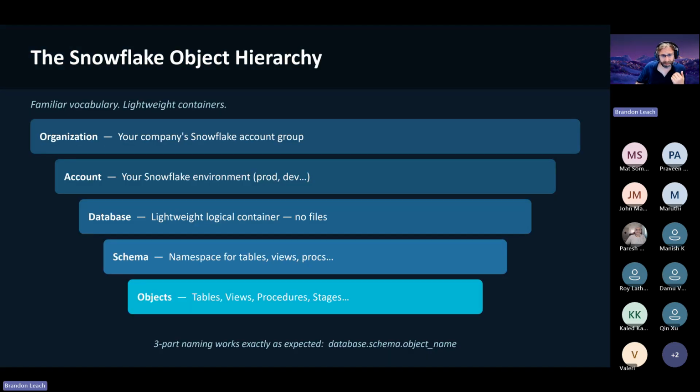Now, a lot of vocabulary is similar. Some of it's new, though. At the top of the hierarchy in Snowflake is the organization. Org admins can create accounts. People can be assigned as account admin, giving them permissions to manage everything below: the databases, the schemas, the objects.